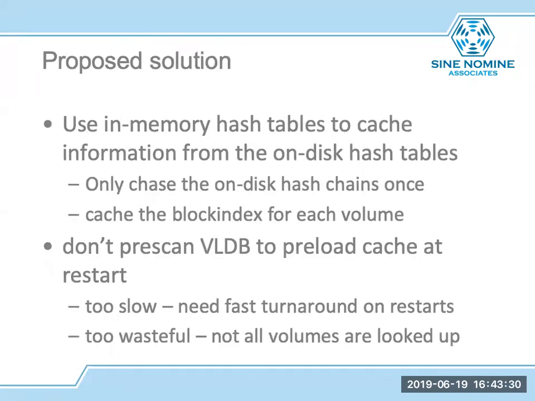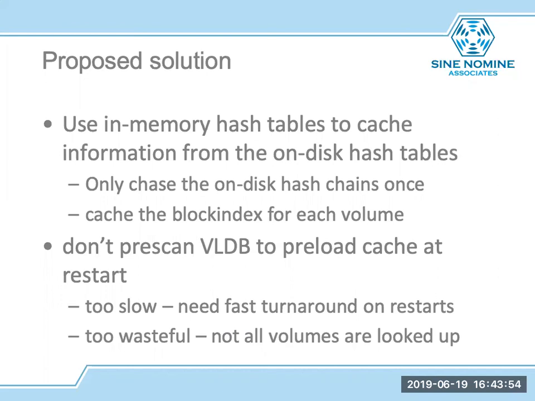So the proposed solution that we actually implemented is to use an in-memory hash table to cache the contents of the disk hash tables. So two hash tables, one in memory. I'm sorry? It's not 1984 anymore. We have memory now. Yes, we can use memory. We don't have to be careful about memory. It's so nice.